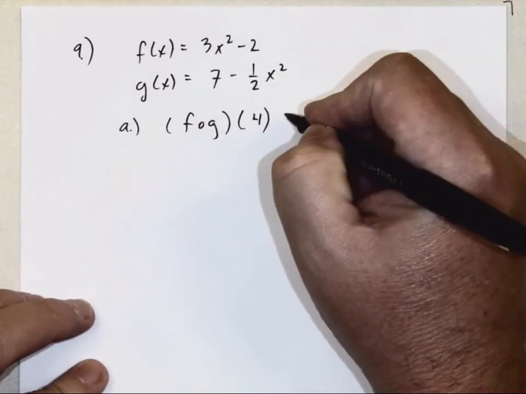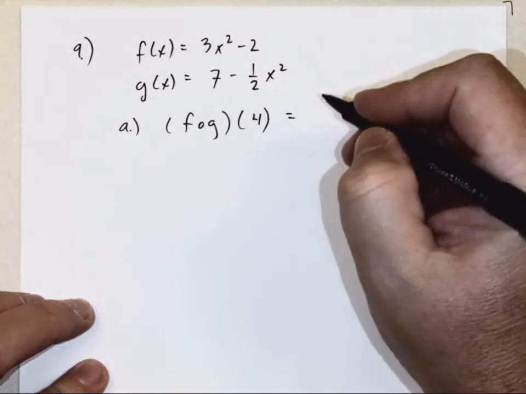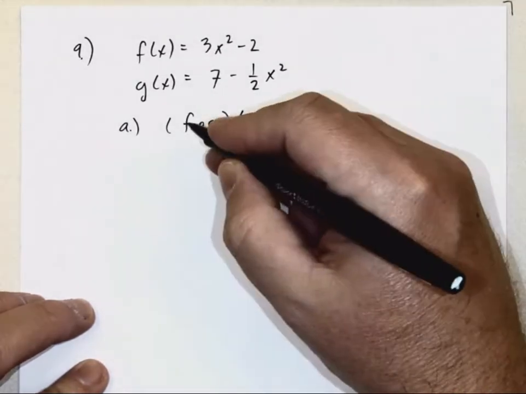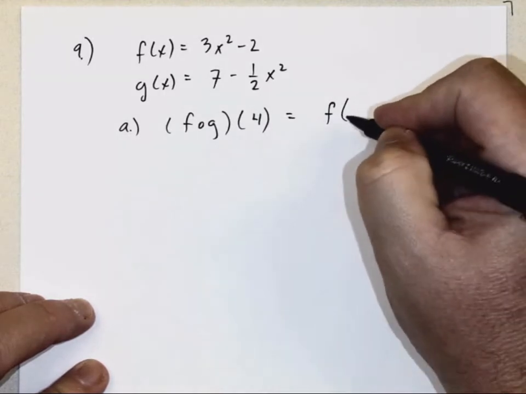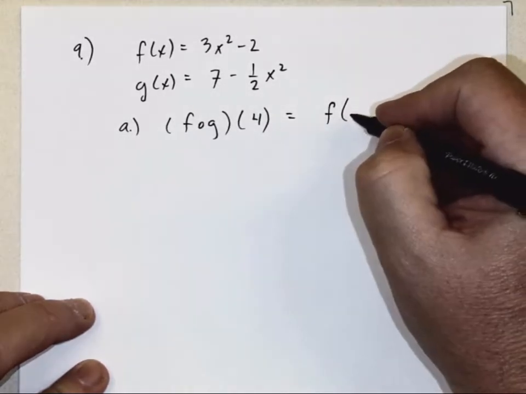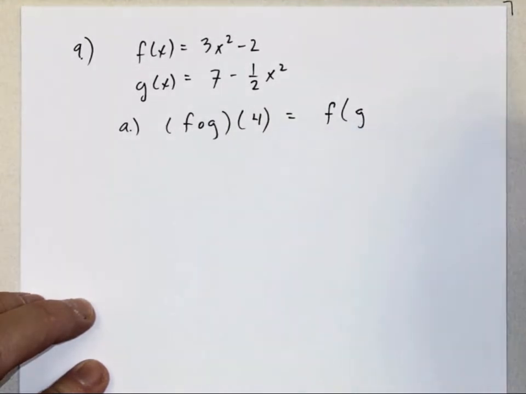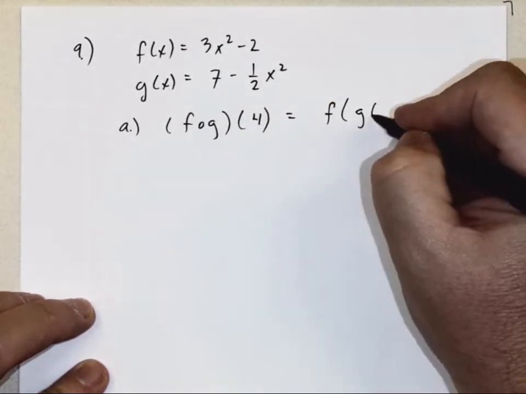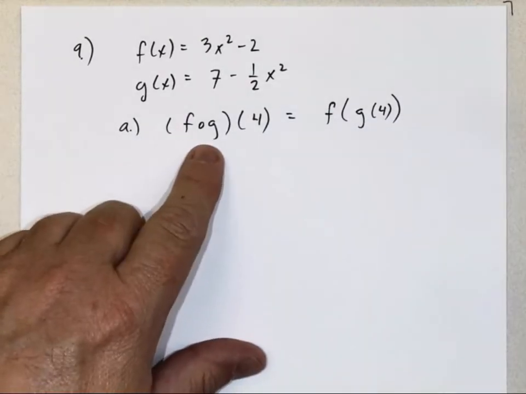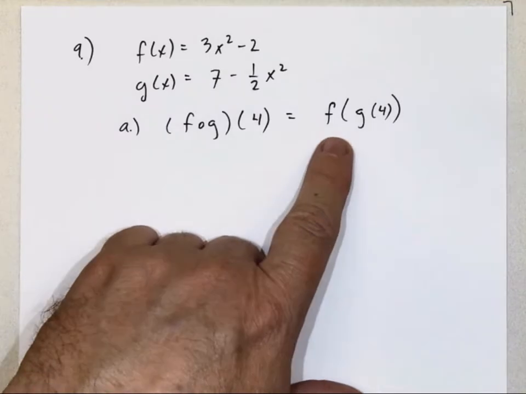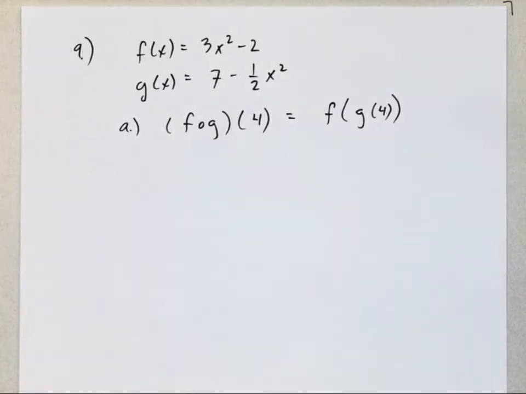And by that I mean f composite g of 4, I always rewrite it, and you take your first function first, f of, and then whatever function the second goes inside, and in this case then, f composite g of 4 means f of g of 4.